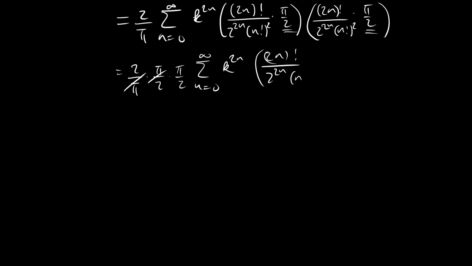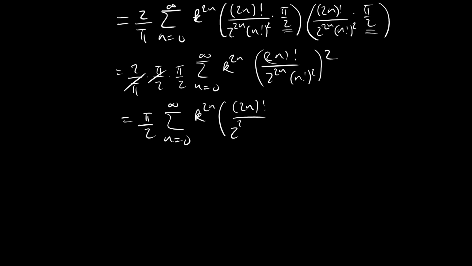So this becomes pi over 2 to the 2n in brackets, 2n factorial over 2 to the 2n over n factorial squared, which becomes pi over 2 in brackets 1 plus... when n equals 0, that just becomes 1 because 0 factorial is 1.